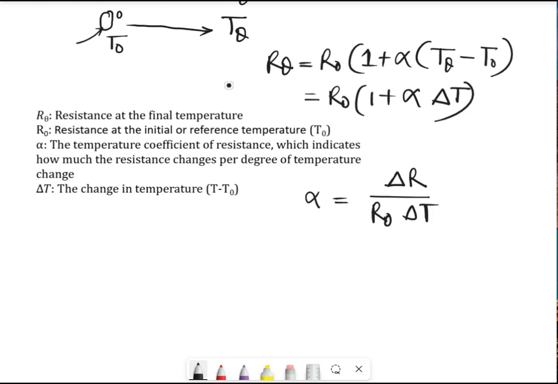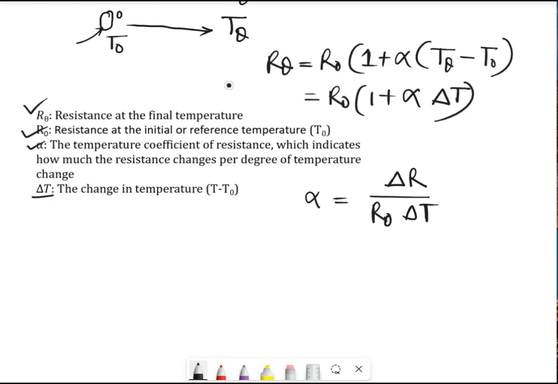So what is the significance of the parameters of TCR? R naught is the initial resistance, and R theta is the final resistance, and alpha is the temperature coefficient of resistance, which indicates how much the resistance changes per degree of temperature change, right?